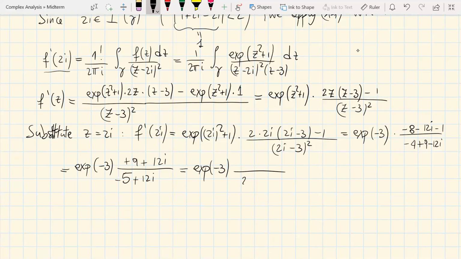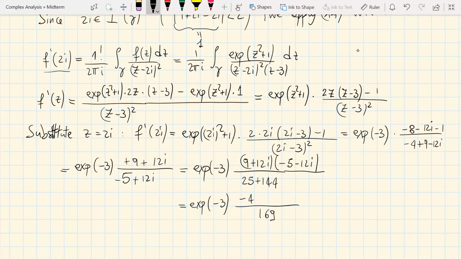And we get below 25 plus 144, and above we get (9 plus 12i) times (minus 5 minus 12i). Below we get 169.